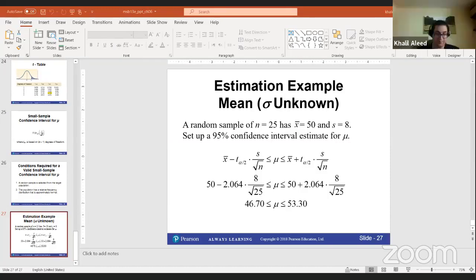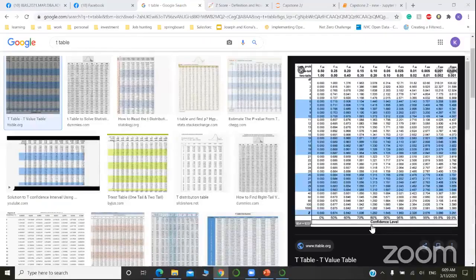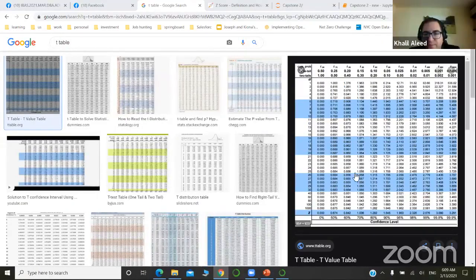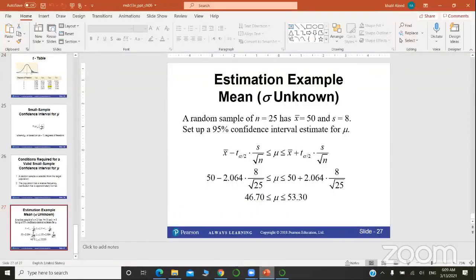Hello? Yeah, I'm just looking. I'm trying to find the table on Google. Okay, this is the T table here. If you look with me here, first of all, we have the degree of freedom. The degree of freedom here is 24 in my example. I think the table is not shared. I can still see the slides. All right. Is this better? Yes.